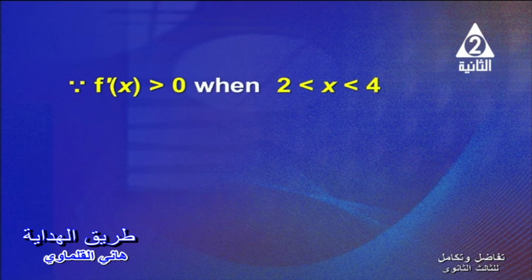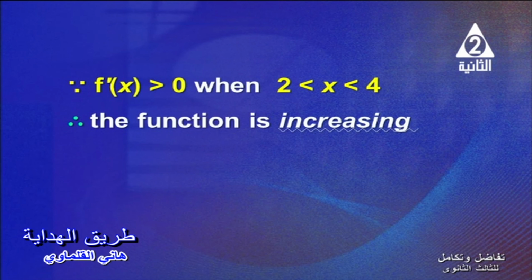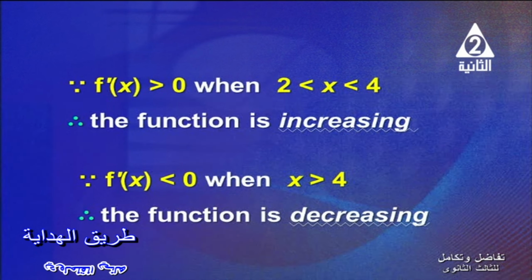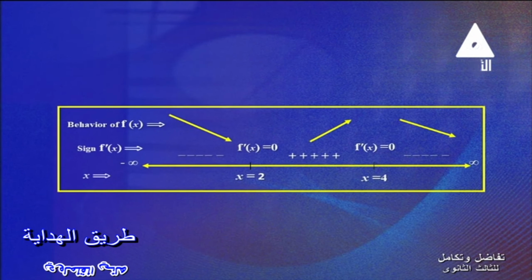F dash x is positive when x is bigger than 2 and smaller than 4, so the function f of x is increasing because f dash is positive in the open interval (2, 4). Lastly, f dash x is negative when x is bigger than 4, so the curve is decreasing in the open interval (4, infinity).